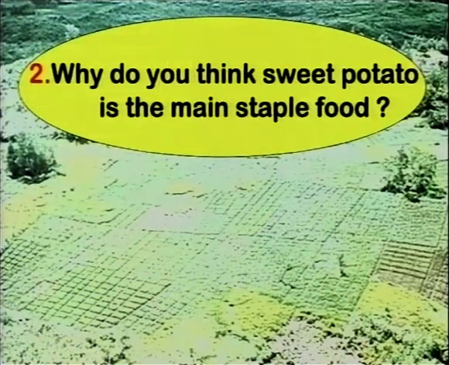All right, number two. Someone to read the question and the answer. Receiving student. Why do you think sweet potato is the main staple food in the interior or inland? Why do you think it's the main staple food?